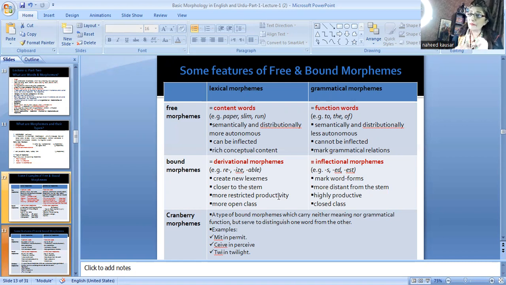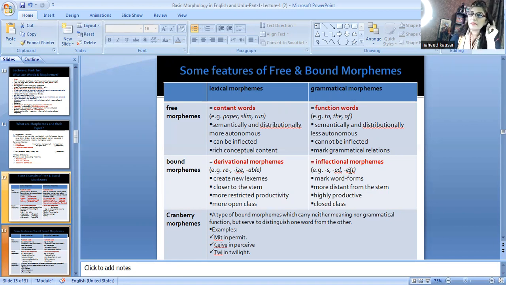Again, the bound morphemes, if they are inflectional morphemes, the features are that they mark word forms, are more distant from the stem, highly productive, and closed class. The examples are like ED, EST, the eight inflections.